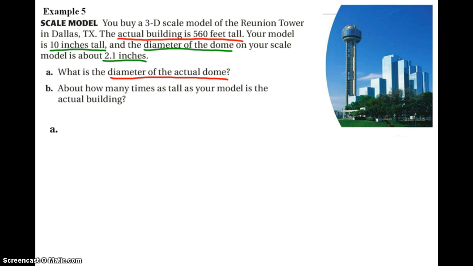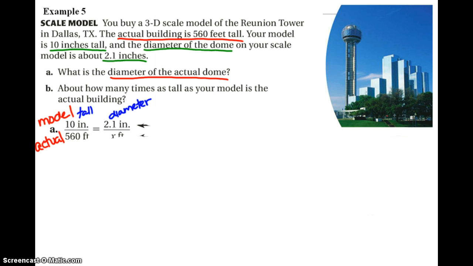Okay, so we need to work with our proportions. So in this case, we put the model over the actual, and our first fraction represented how tall, and the second ratio represents the diameter.